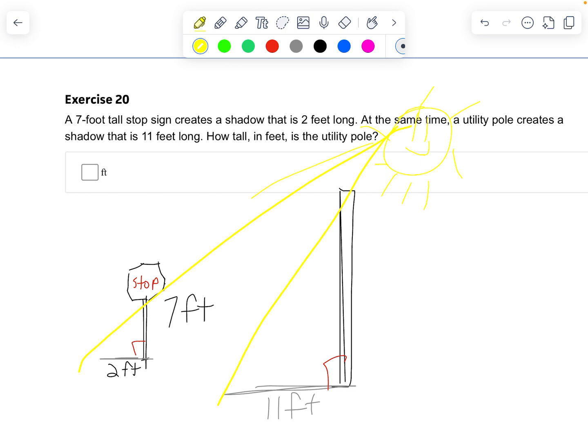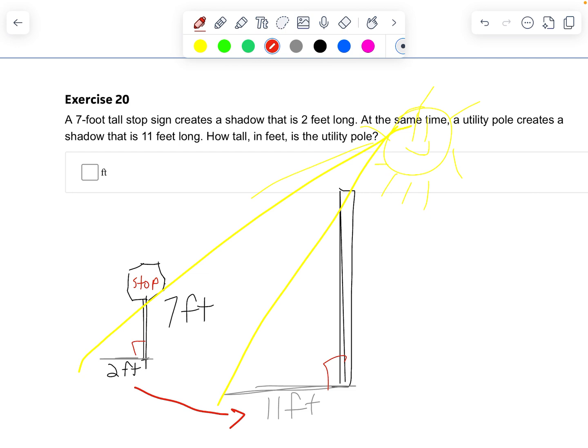So what we need to figure out is how do I go from 2 to 11? And I'll do the same thing to the 7. So what times 2 makes 11? Well, let's go opposite.